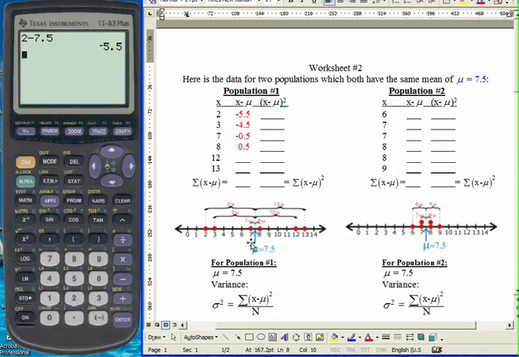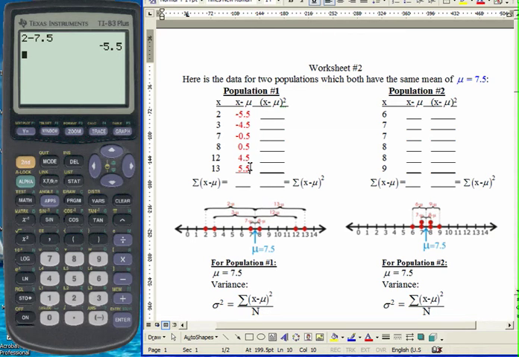Well, you'll notice that all data values that are to the left of the mean will have negative distances, and all the data values to the right of the mean are going to have positive distances. And so if we do 12 minus 7.5, we're going to get a positive 4.5. And for our last one here, 13 minus 7.5 is a positive 5.5.